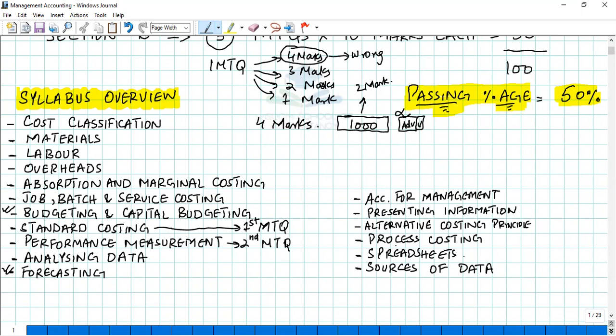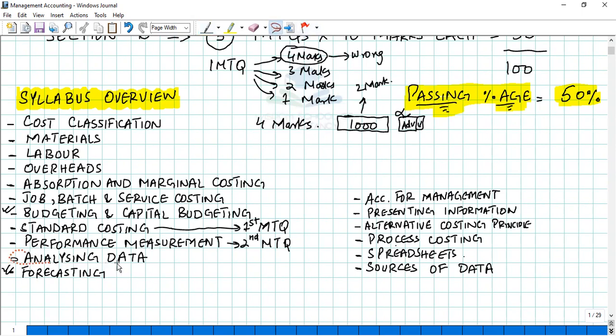Now the examiner can test you, let's say, by giving you a complete question from just budgeting, or he can give you a mixture of questions, some from budgeting, some from capital budgeting, and some from forecasting. So it completely depends upon the examiner. So the third MTQ will be tested from either of these areas: budgeting, capital budgeting, and forecasting.